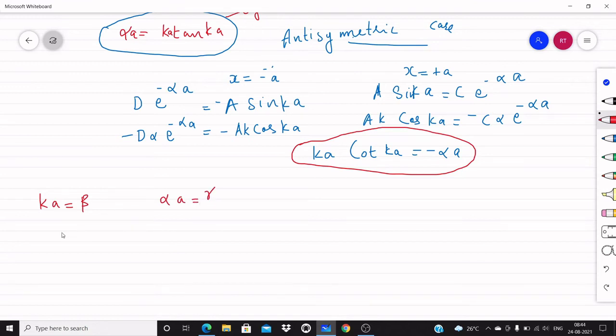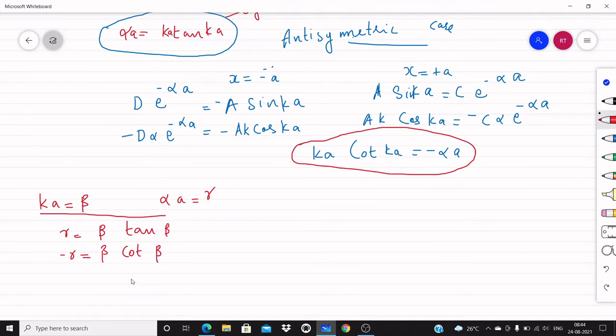So you will have gamma is equal to beta tan beta, and also minus gamma is equal to beta cot beta. By giving these two values, from the symmetric and anti-symmetric cases, you will have these two equations.